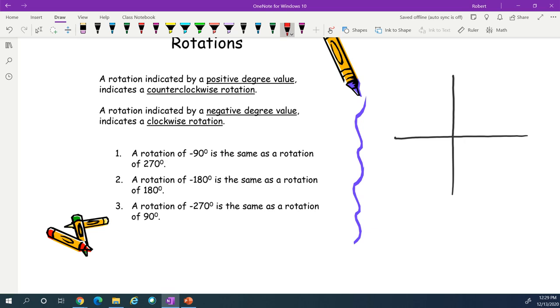And let's take the point A. Well, a positive rotation would bring us here. But that is the exact same thing as a negative rotation three-quarters of the way around.